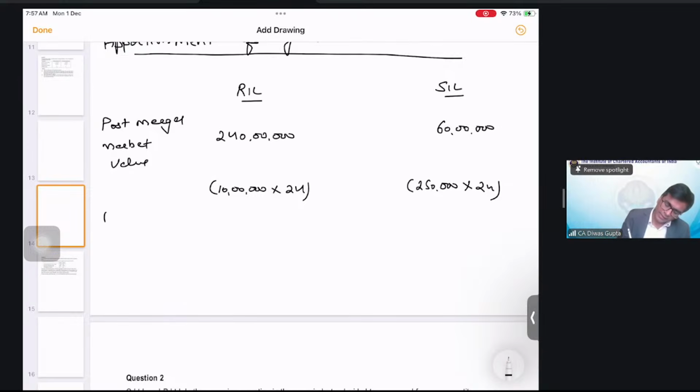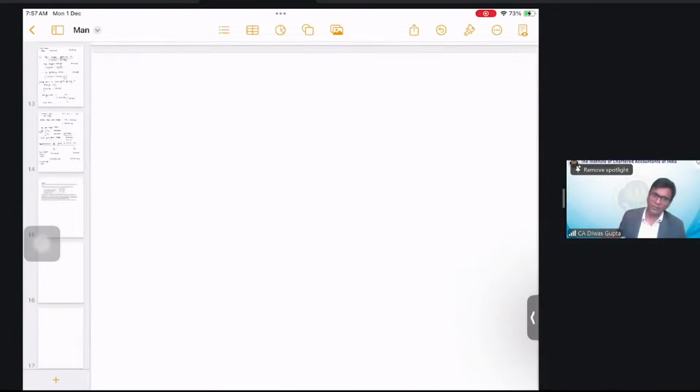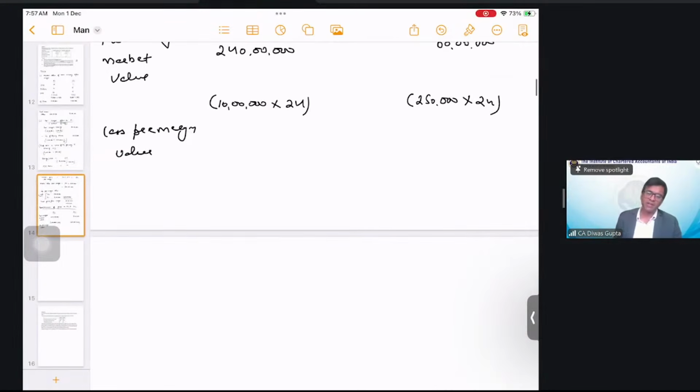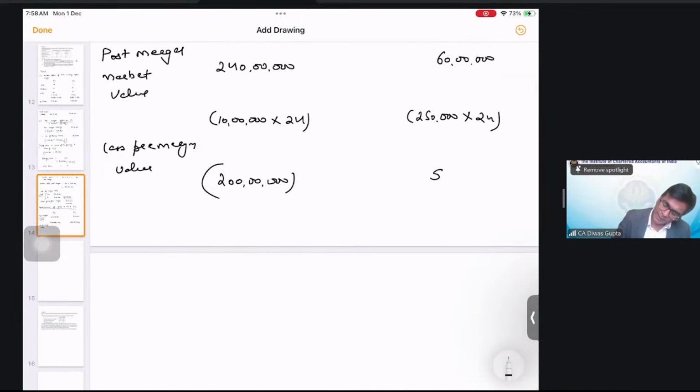Then less pre-merger value was how much? Pre-merger value was how much, students? It was 2 crores here and 50 lakhs here.